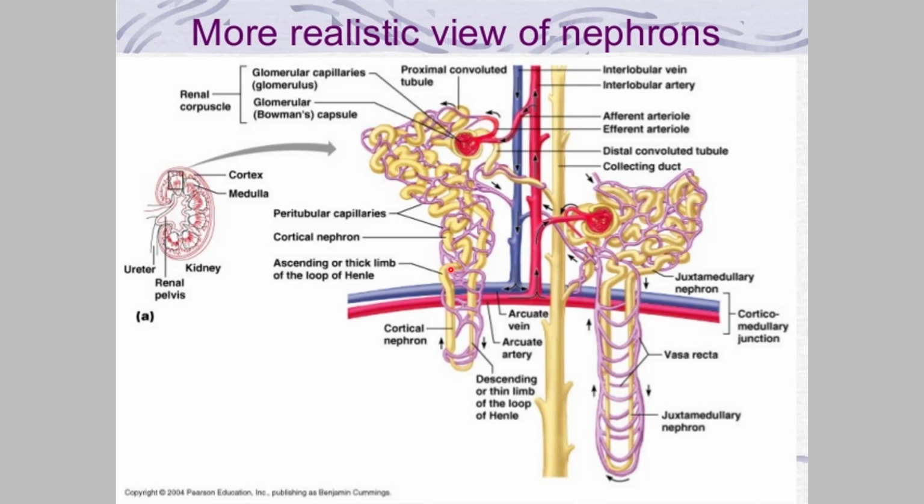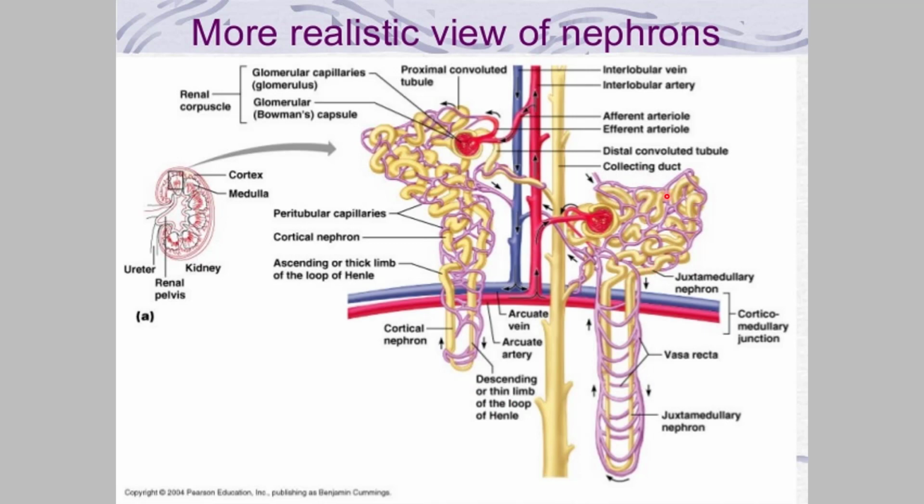Now, if we look at the loop of Henle, we can see that in the cortical nephrons compared to the juxtamedullary nephrons, the capillary bed looks a little different in the two. In the cortical nephrons, the capillary bed is really just the same capillary that surrounds the whole nephron. It's called a peritubular capillary.